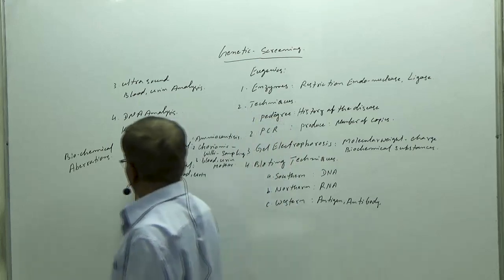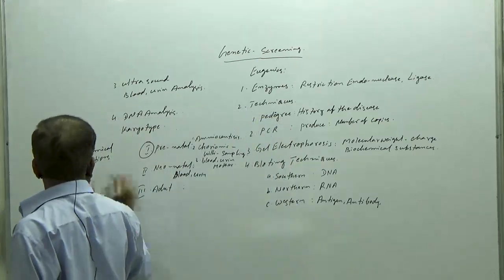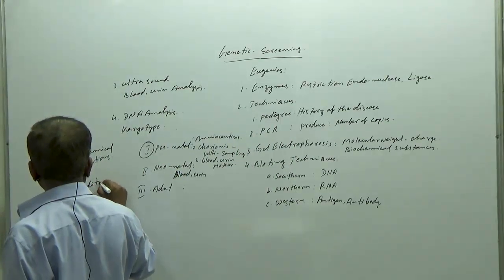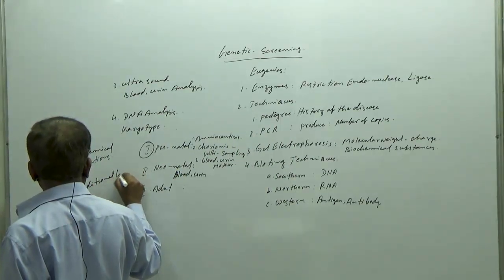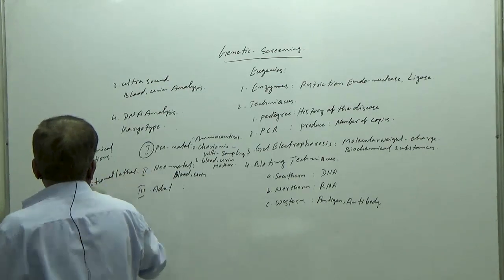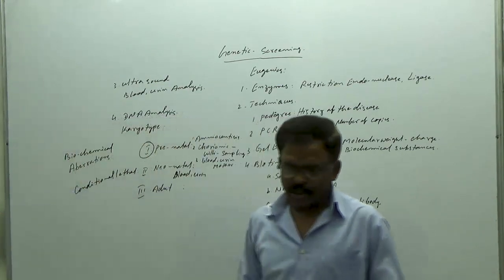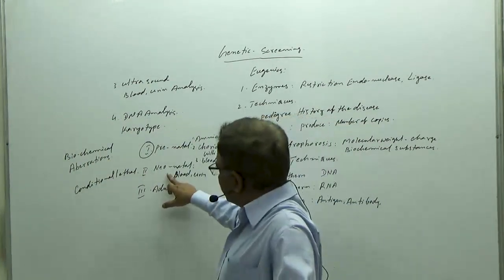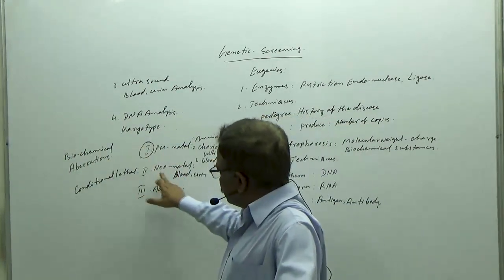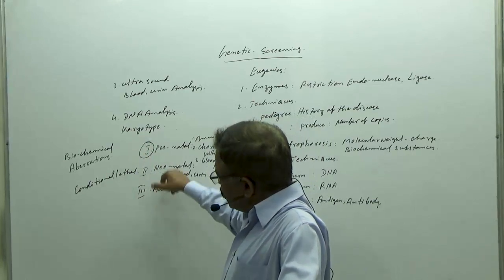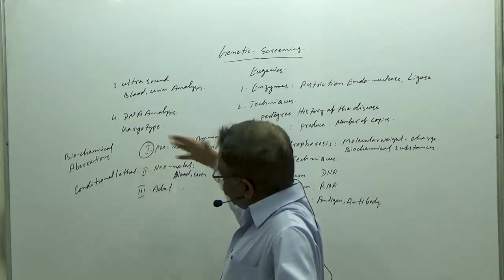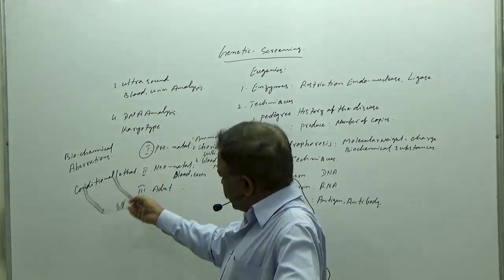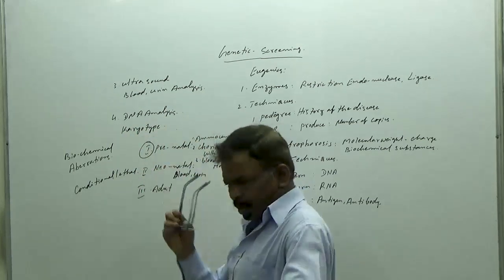Here, if they find a conditional lethal, then we can save the child. If phenylketonuria is diagnosed, what is the problem? If they consume a phenylalanine diet, then only the problem is created. If they consume a phenylalanine-free diet, no problem will arise.